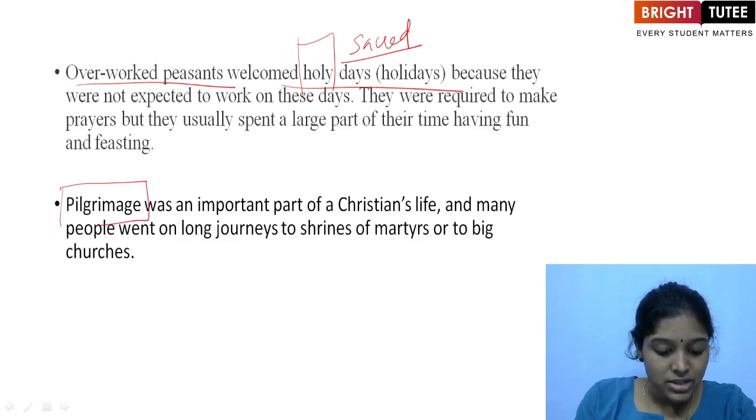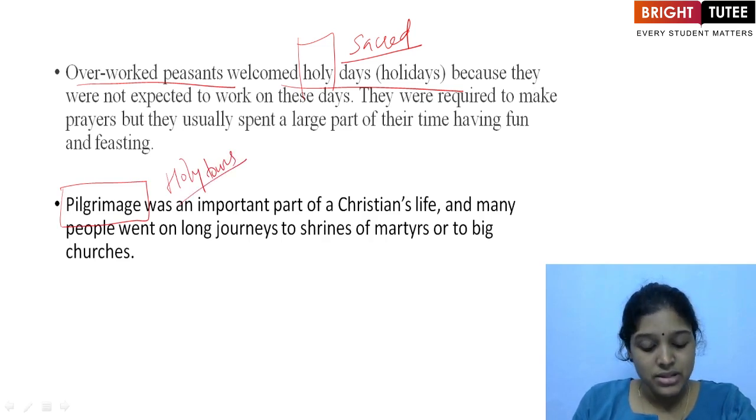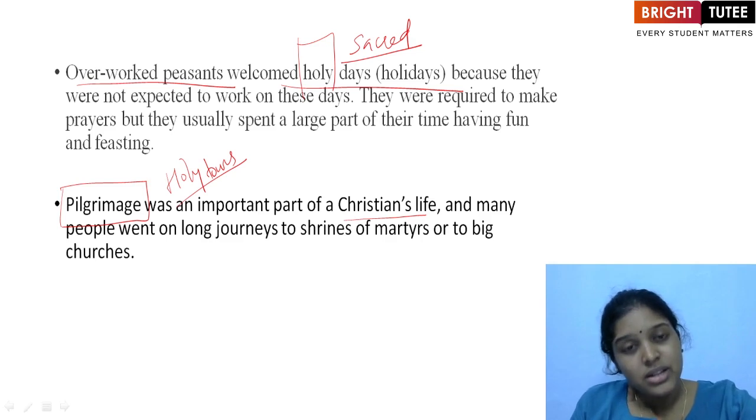And pilgrimage, that is holy tours, going to very sacred places, was an important part of Christians' life. And many people went on long journeys to shrines of martyrs or to big churches. And as pilgrimage, people went to visit churches which were very big and which were very famous in some other part of their area.